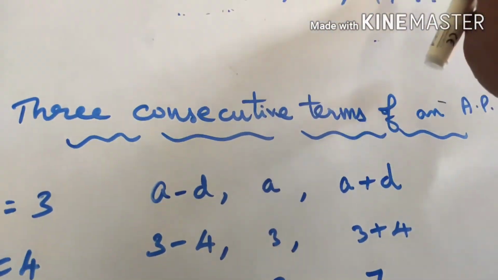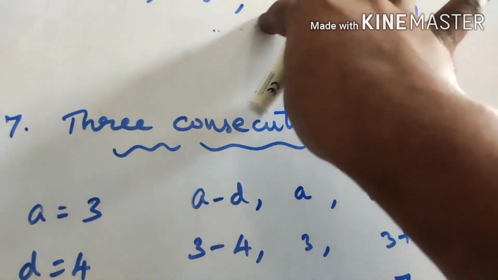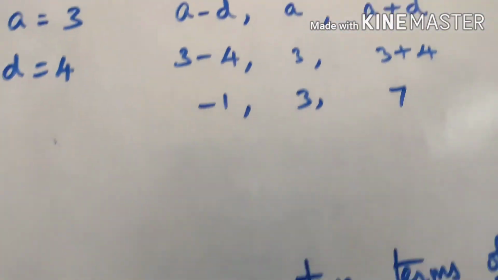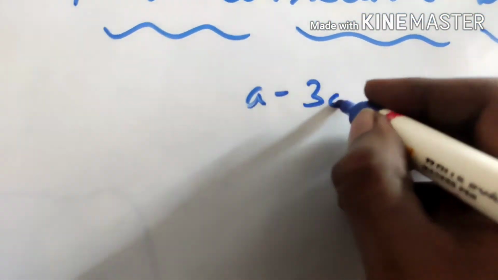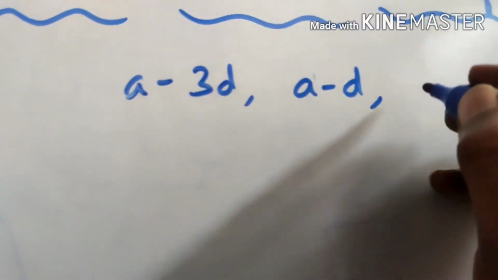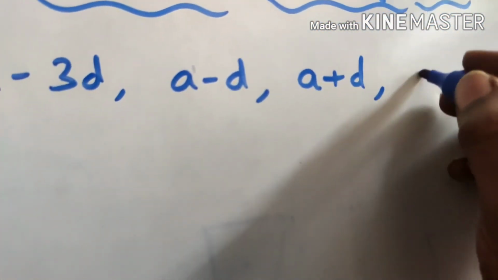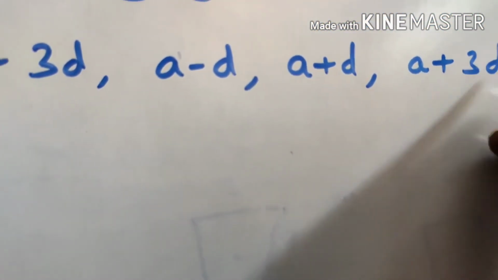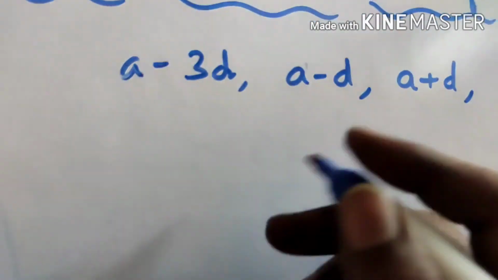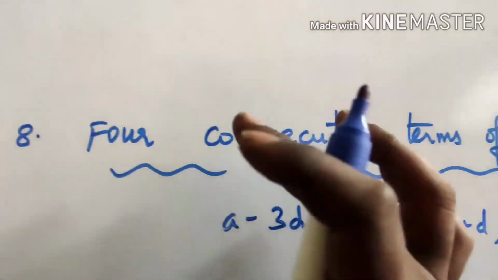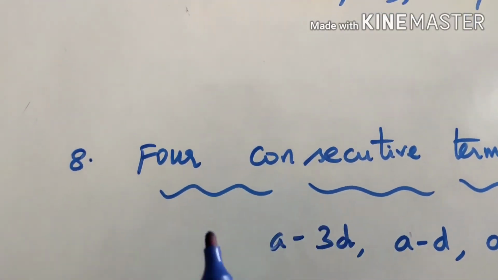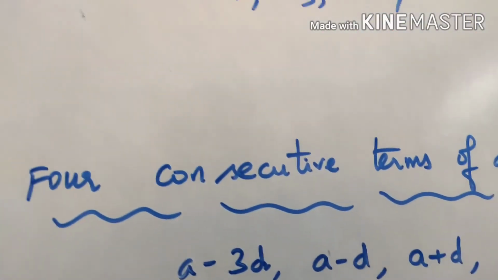If you take any four consecutive terms in an AP, they will be of the form a minus 3d, a minus d, a plus d, a plus 3d. So these are the additional things we are going to see here.